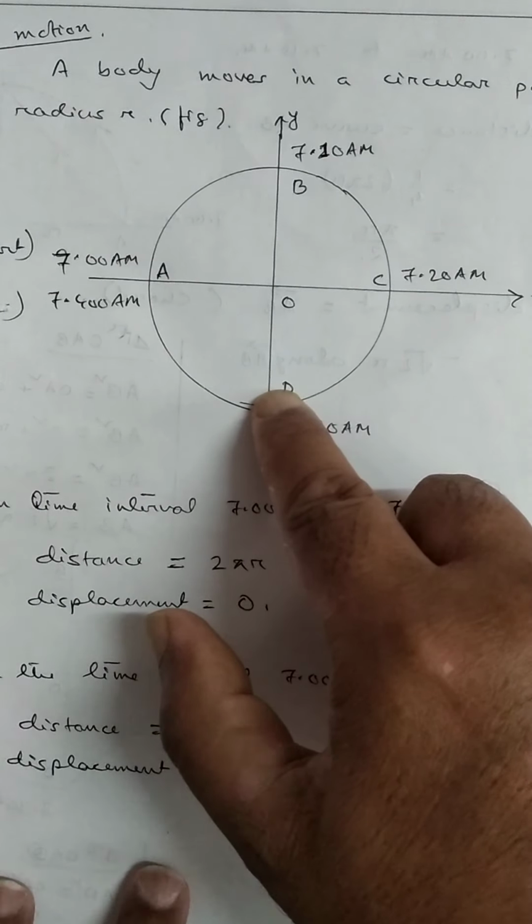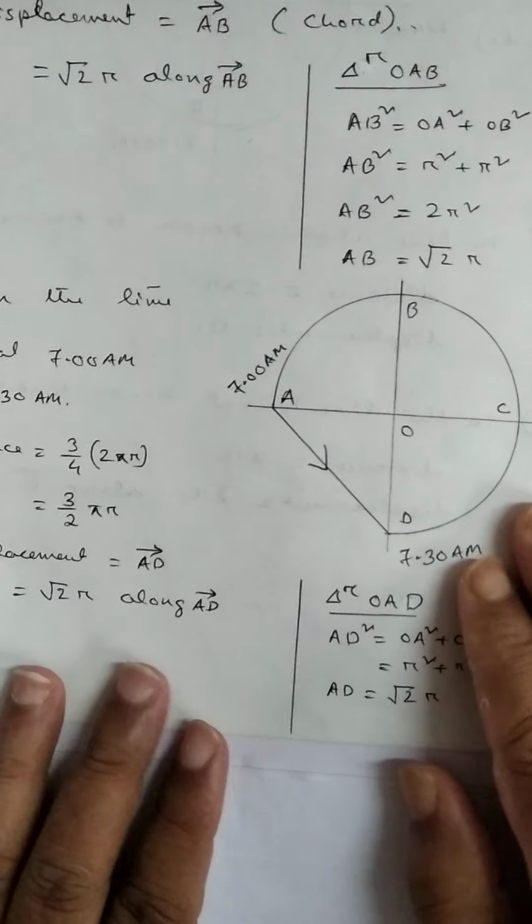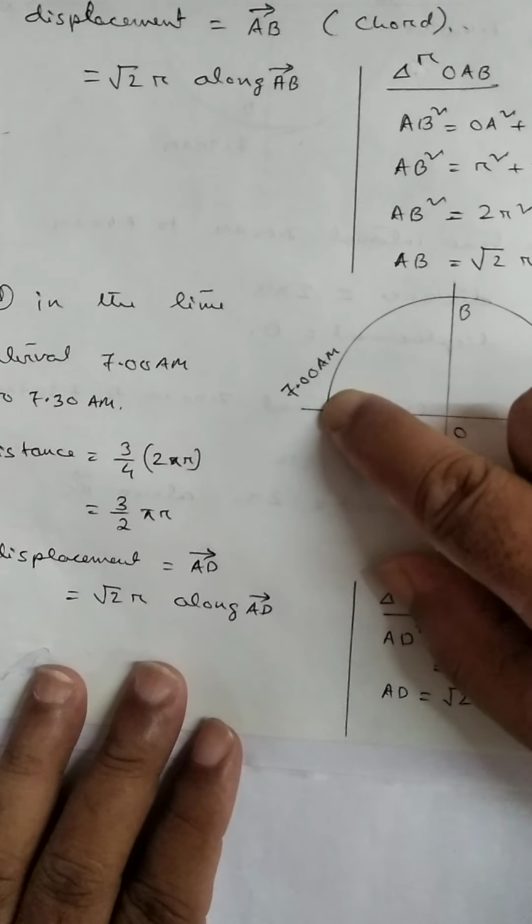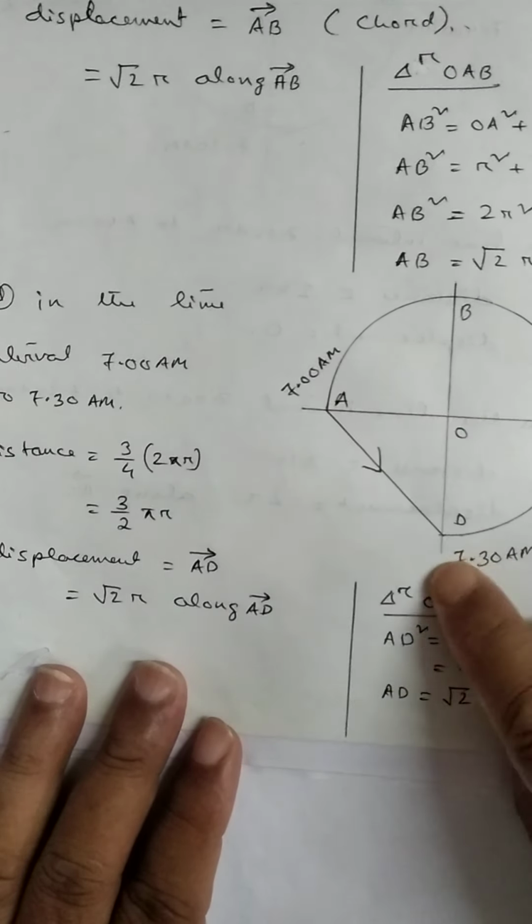But what is displacement? Displacement is the shortest line joining initial to final. This is the initial position at 7 a.m. and this is the final position at 7:30 a.m. So AD is the displacement. What is the value of AD? Again, to calculate AD, we consider the right angle triangle OAD. AD square is equal to OA square plus OD square.